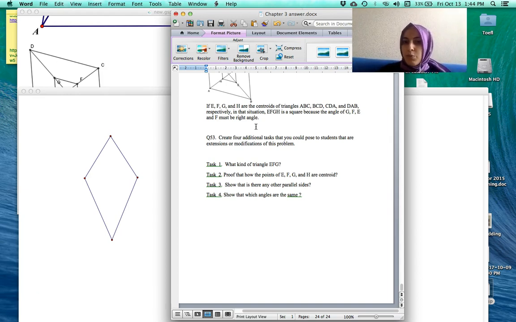Task 2: prove that E, F, G, and H are centroids. Task 3: show whether there are any other parallel sides. The last one can be: show which angles are the same. These are my tasks.